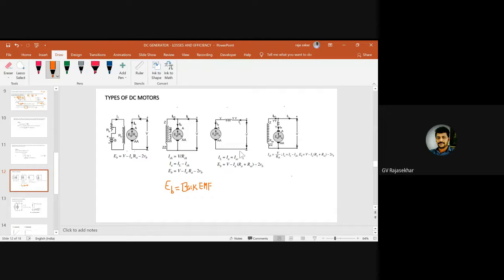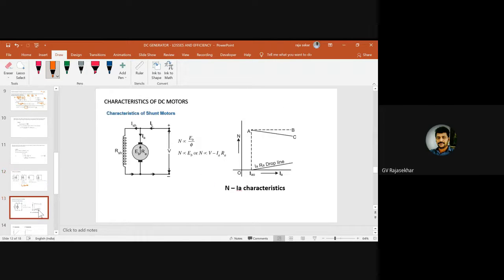So these are the four types of motors: separately excited, shunt, series, and compound. After that, we are going to start the characteristics of a DC motor. As we learned the characteristics of a DC generator, what is a characteristic? It is a graph drawn between two quantities, keeping the remaining quantities constant.